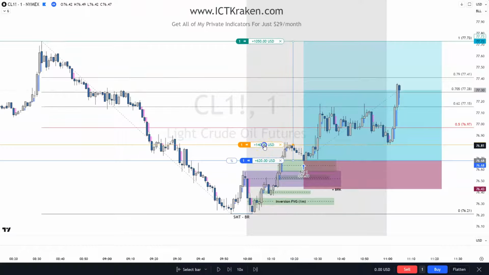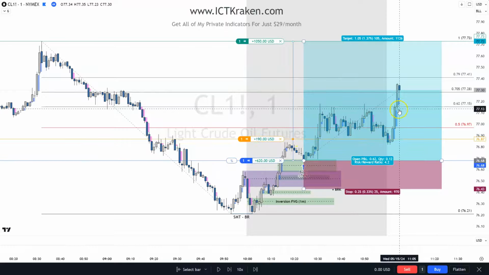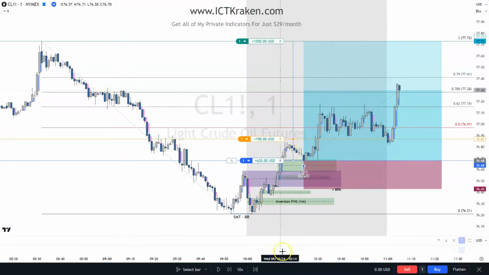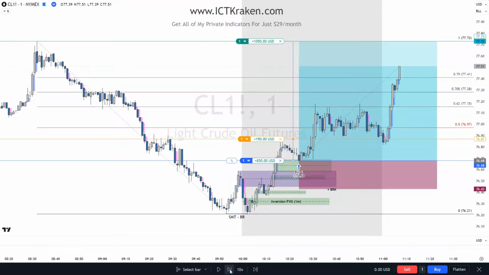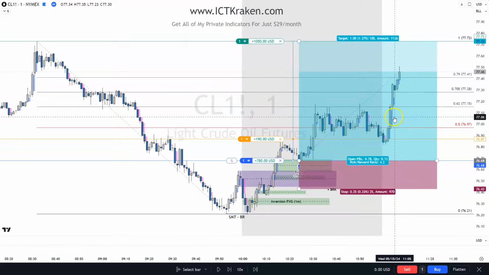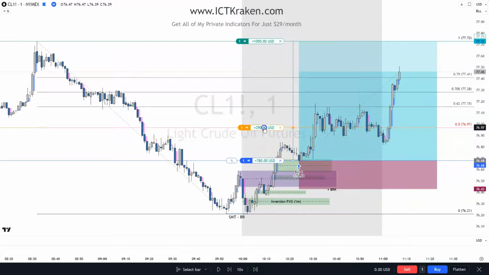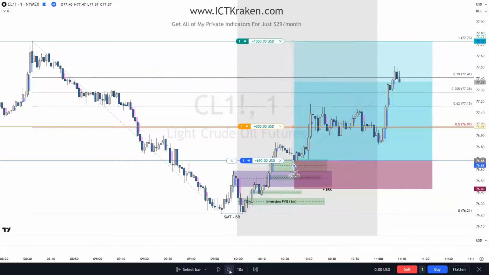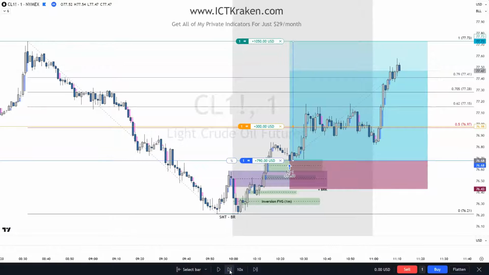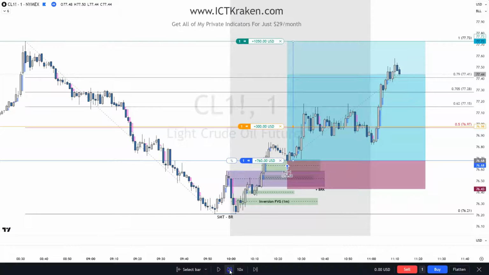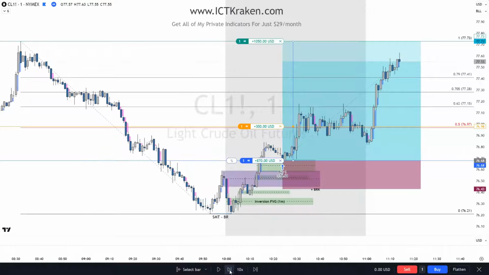There's three PD arrays. 1, 2, 3, and my stop. Now I'm moving my stop up. All right, 1, 2, 3, right here.